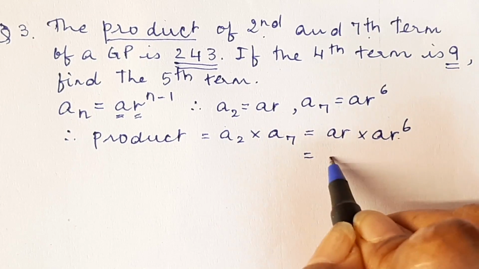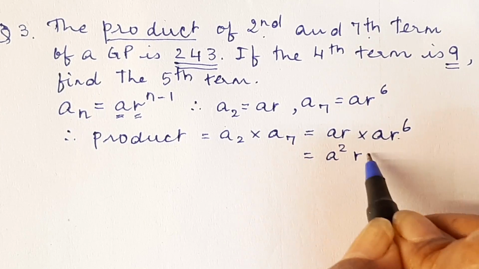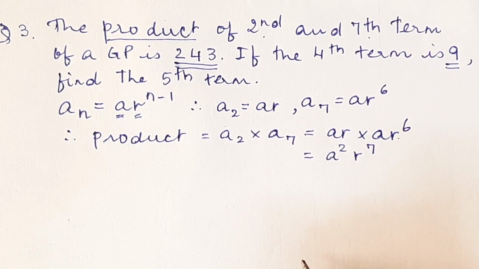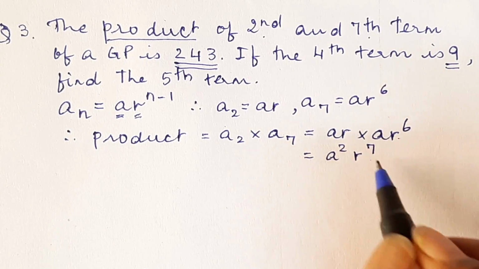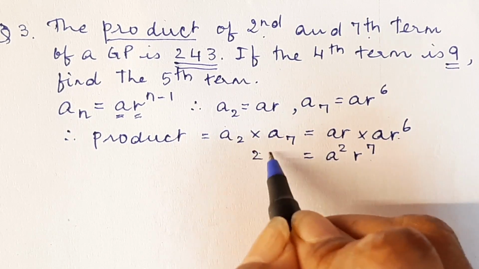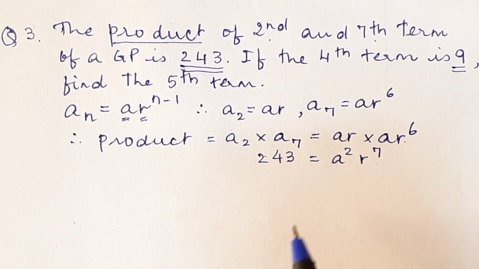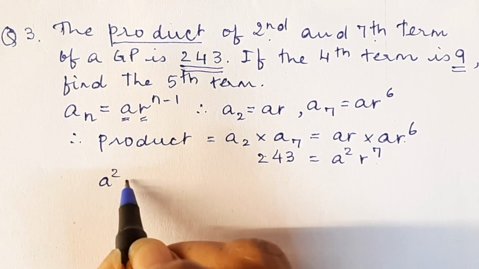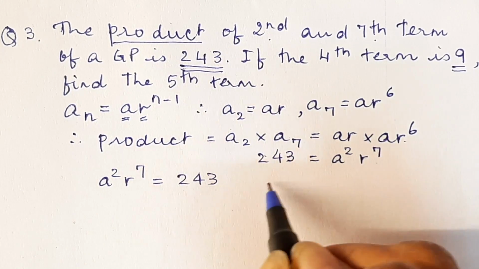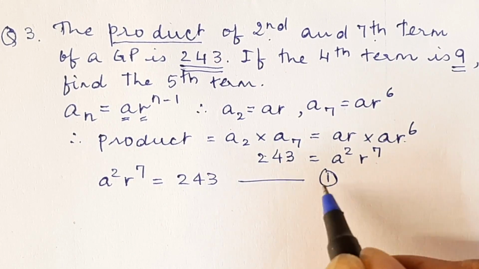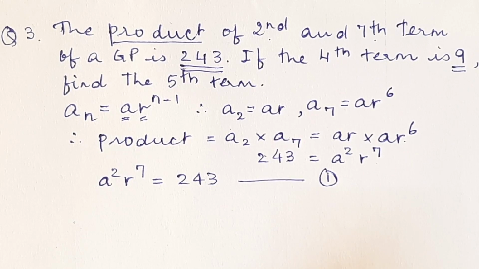That will give us A squared R to the power 7. Now obviously we cannot go anywhere after this, but we know that this product is 243. So we have A squared R to the power 7 equal to 243, and we have nowhere else to go. We'll call this as equation 1.